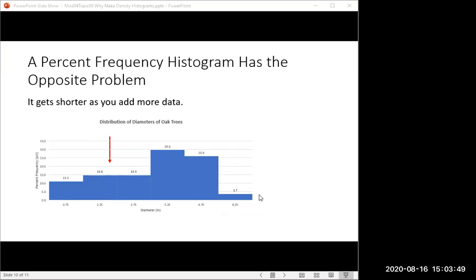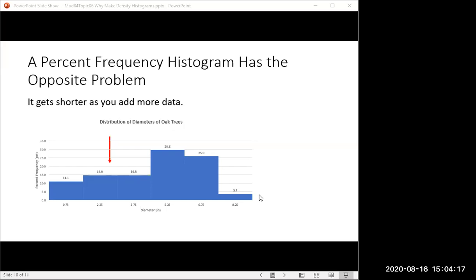The percent frequency histogram has the opposite problem. As you add more data, you add more classes. But all those percentages, the heights of the bars, have to add up to 100%. Get more and more bars, and the percent of the individuals belonging to each bar must be falling.